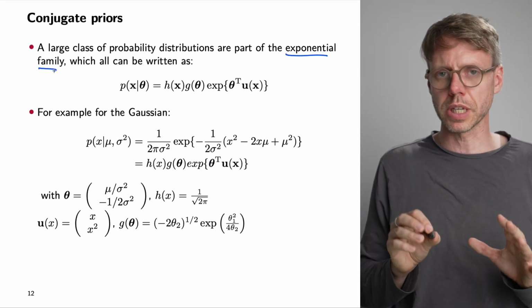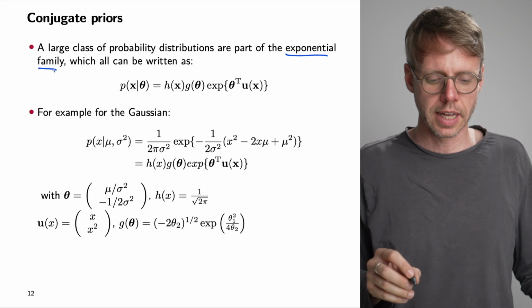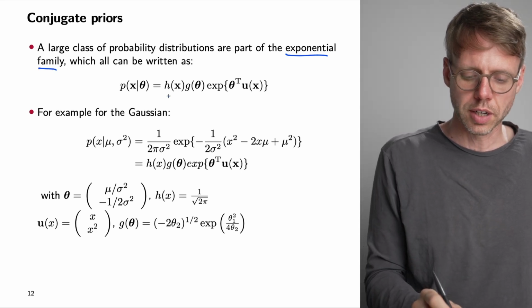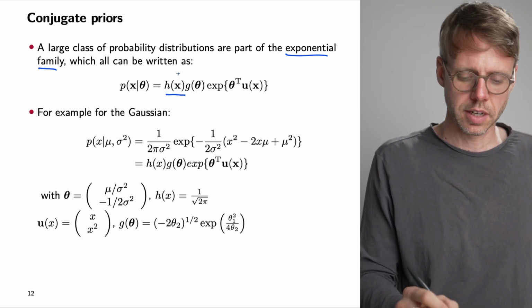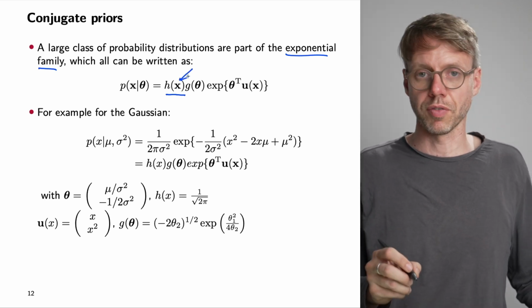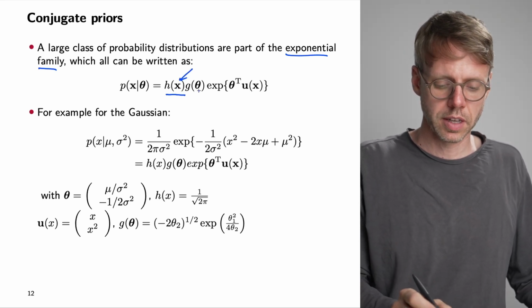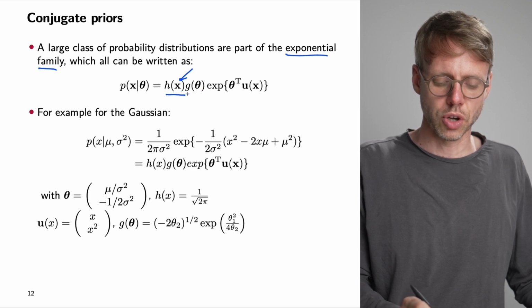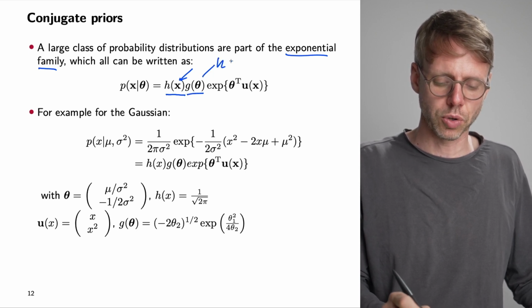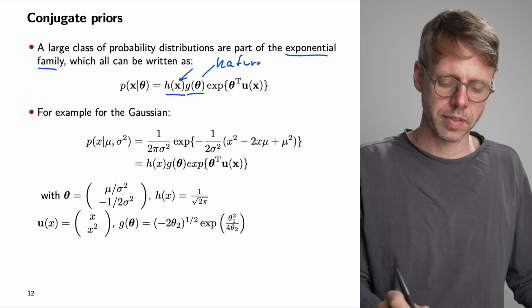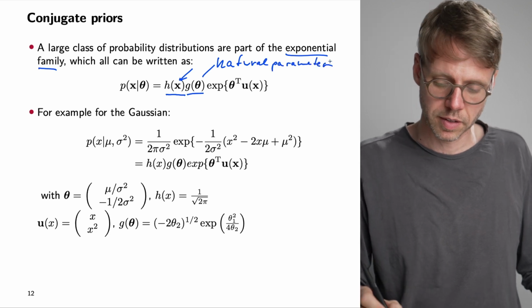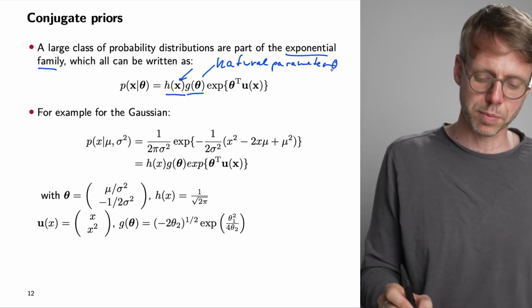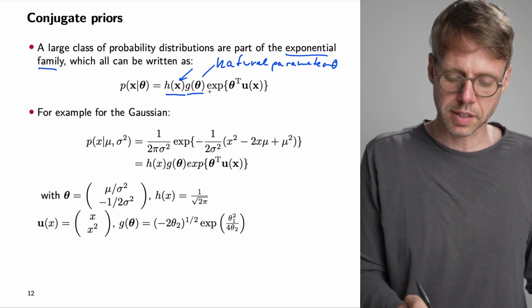We don't want to go too deep into the exponential family, just know that it contains all distributions that can be written as the product of three different terms: a term h that depends on the variable of interest, times a term g that depends on the so-called natural parameters of this exponential family, times an exponential term.